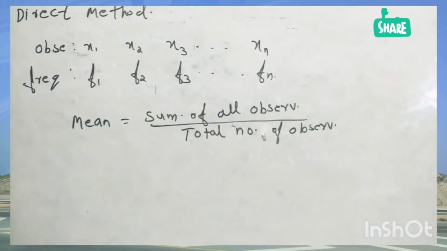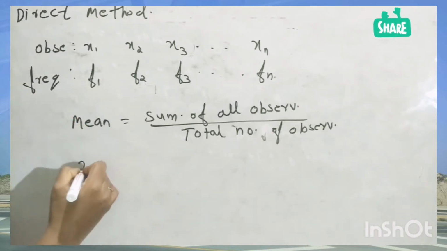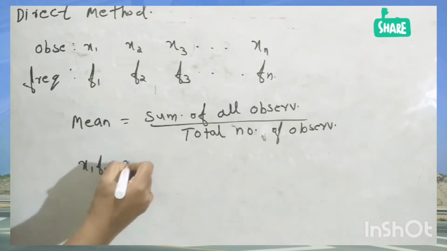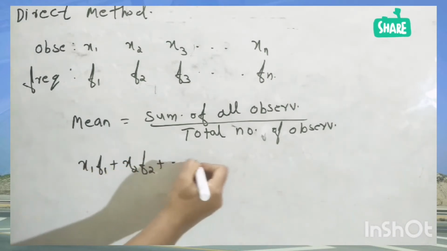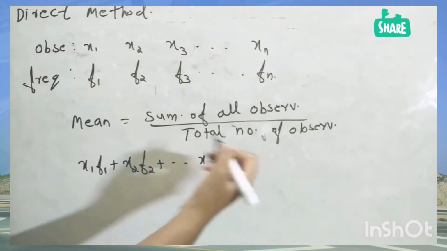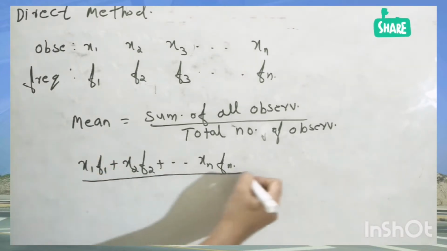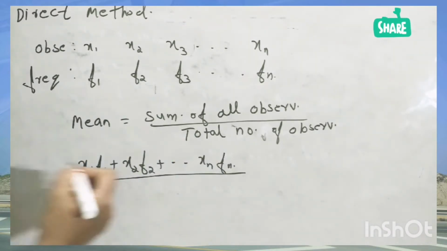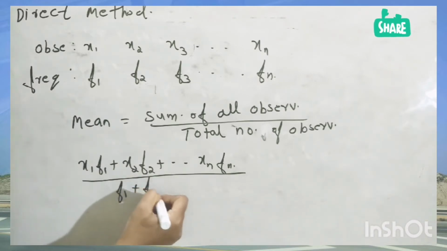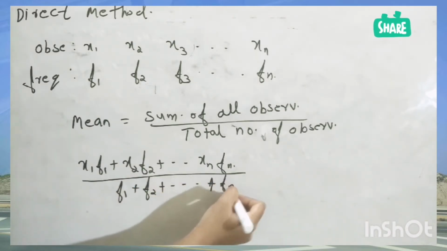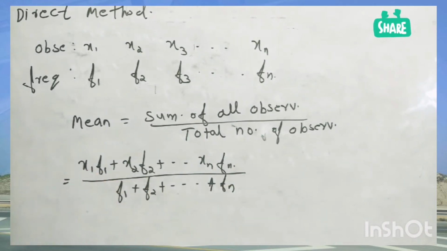So the sum of all observations is x1 f1 plus x2 f2 plus etc. plus xn fn, divided by the total number of observations, that is f1 plus f2 plus etc. plus fn.